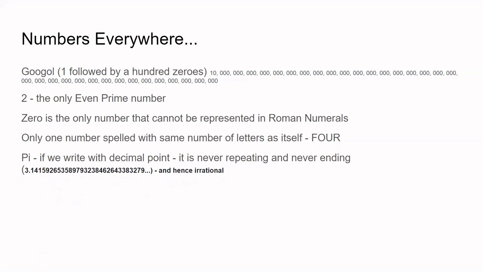For now, remember that pi is a very, very important number in mathematics. You will find it at many places. When we represent it with a decimal point and we calculate its value, it never repeats and never ends. Meaning, I can go on calculating it up to 100 places of decimals, 500 places of decimals. Just go on.